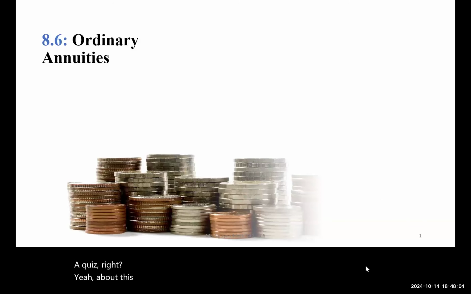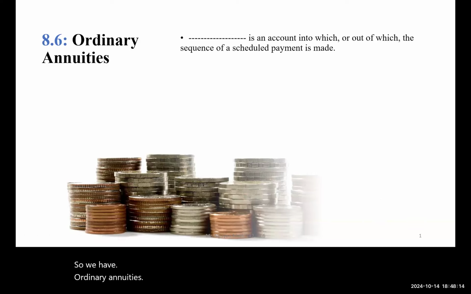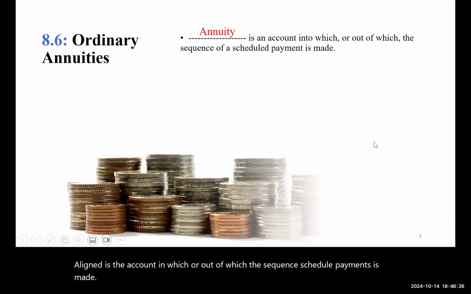Okay. So we have ordinary annuities. An ordinary annuity is an account in which, or out of which, a sequence of scheduled payments is made.